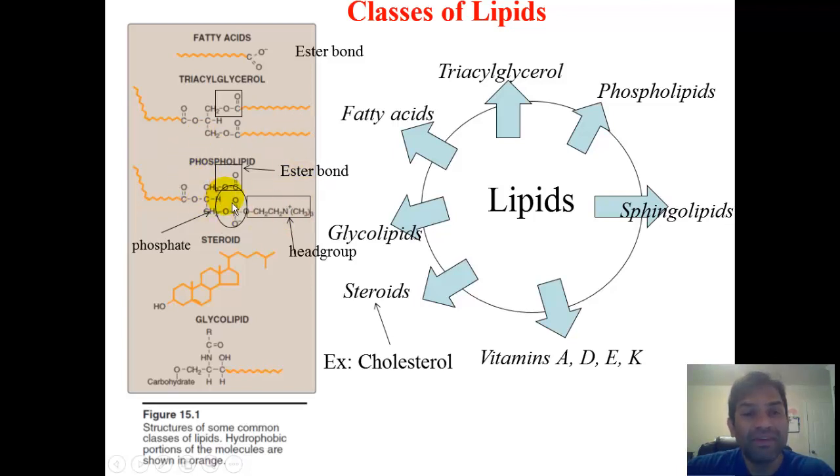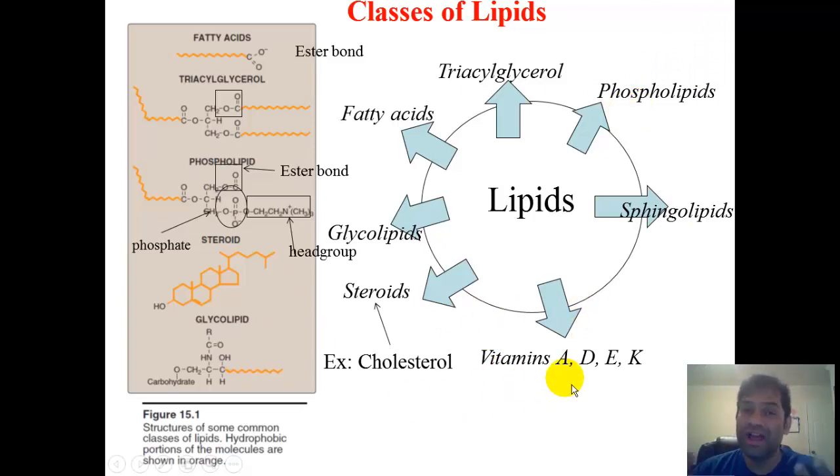Also, lipids make up a major constituent of our membranes. Those are sphingolipids and also phospholipids. Steroids, as we mentioned before, are mostly signaling molecules, such as cholesterol, but specifically cholesterol also plays a role in regulating the fluidity of the phospholipid bilayer, which in turn is composed of phospholipids.